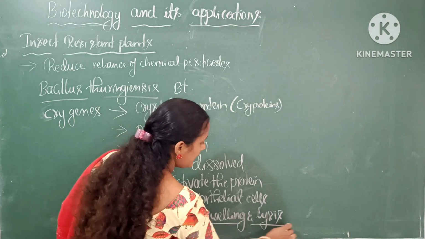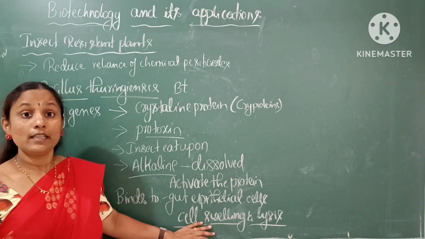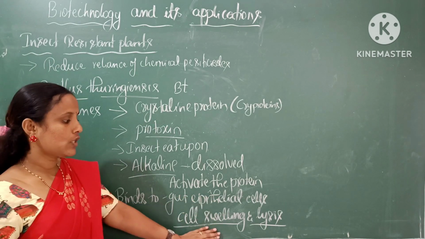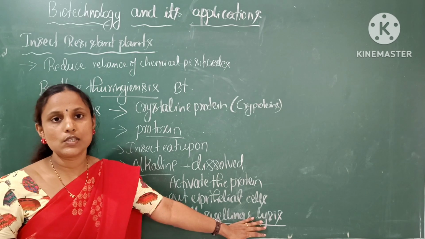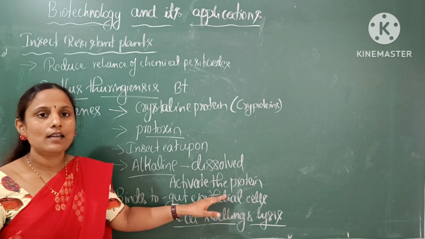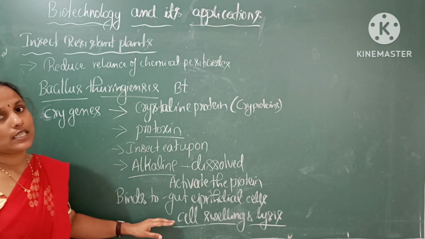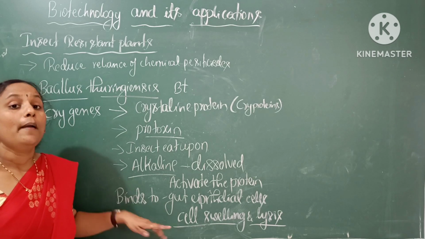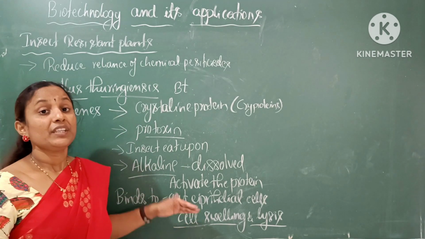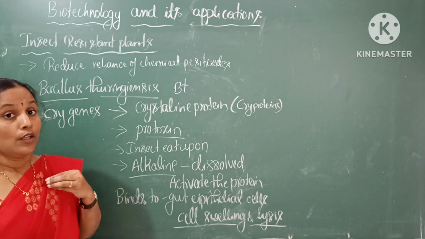Due to these two reasons, you have to remember the reasons for the death of the insect. The insect will die because the epithelial cells get swollen and undergo lysis when the toxin binds to the epithelial cell. This is a natural phenomenon which is taking place. Now, biotechnologists have exploited this mechanism in order to produce insect resistant plants.